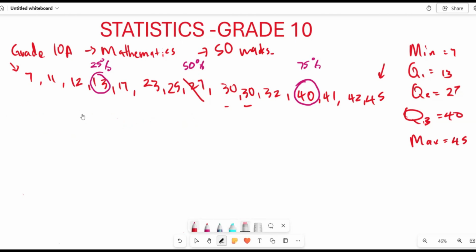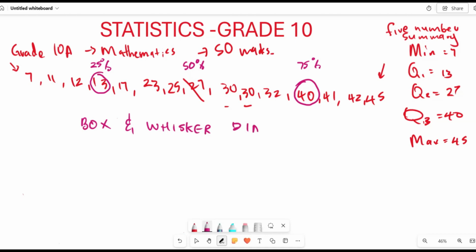The 5-number summary is basically when you write your minimum value, your Q1, your Q2, your Q3, and also your maximum value. And these particular values help us to draw what we call your box and whisker diagram.